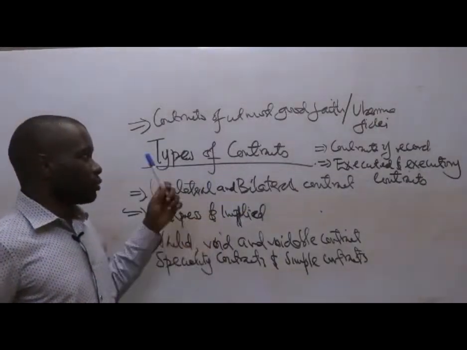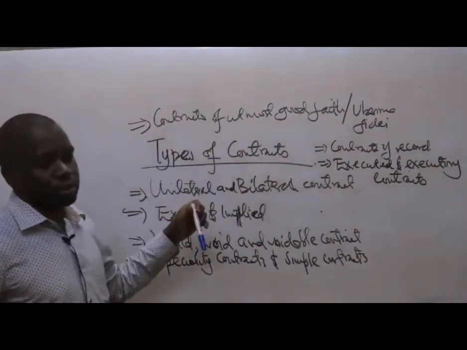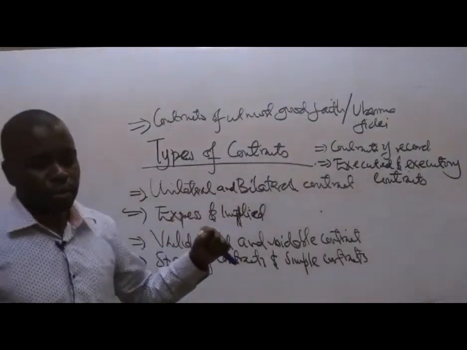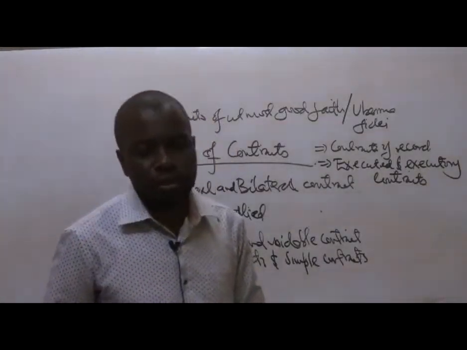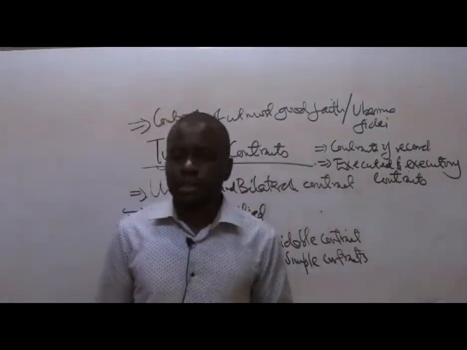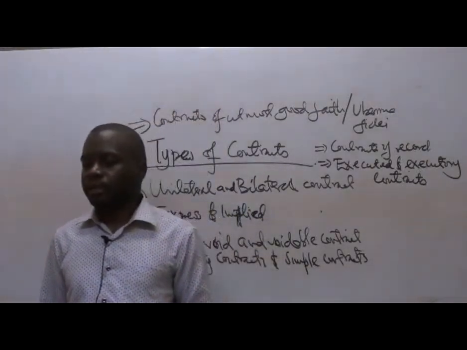Such a contract can be termed a contract of utmost good faith, or we call it a contract uberrimae fidei, like a contract of insurance. You as the insured party, when they ask about the medical history, are supposed to give information that is true or factual.